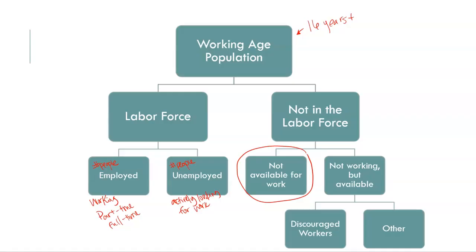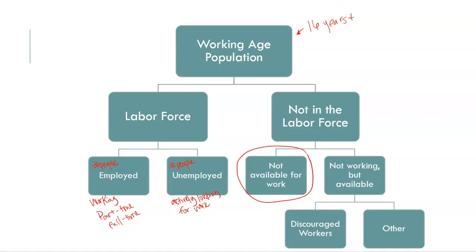This could be parents who have taken some time off of work so they could stay home and watch their children. This is anybody who's pursuing something outside of a job. They're not available for work for personal reasons, for practical reasons, but they're not looking for a job. If someone offered them, they wouldn't take it.